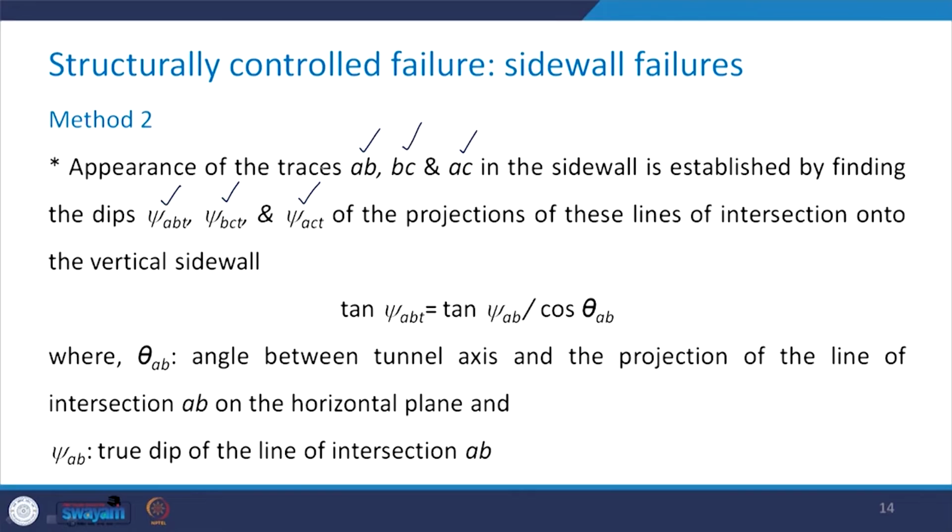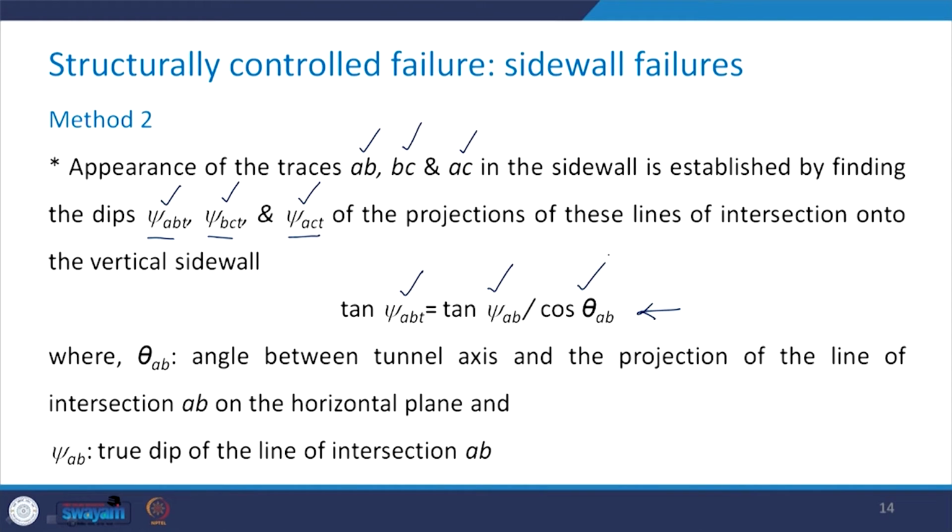How can we determine these dips? Using these expressions, we can determine these three values of the dip of the projection. So, tan of psi ABT is equal to tan of psi AB and cos of theta AB.